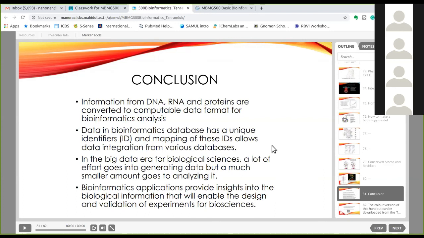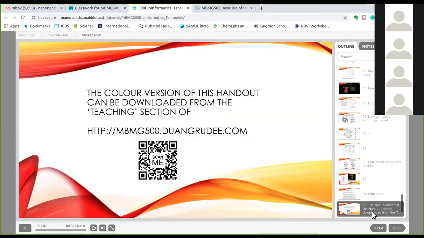And mapping these IDs allows data integration from various databases. In the big data area for biological science, a lot of effort goes into generating data, but much smaller amounts go to analyzing it. So with bioinformatics applications, you should gain insights into biological information that will enable the design and validation of experiments for bioscience. So we end the slides here.